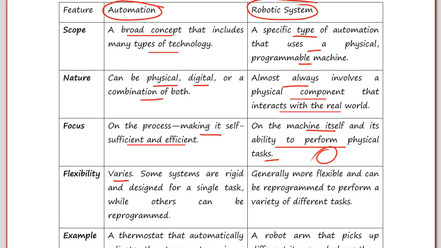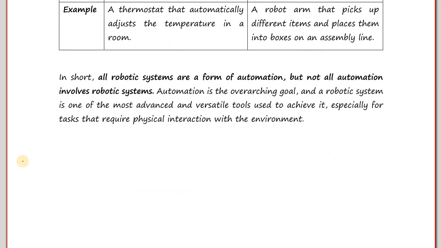Now, the flexibility of automation varies. You see, some systems are rigid and are designed for a single task, while others can be reprogrammed. On the other hand, the robotic system is generally more flexible and can be reprogrammed to perform a variety of different tasks. So, let us look at an example. A thermostat that automatically adjusts the temperature in a room is an example of an automated machine, whereas a robot arm that picks up different items and places them into boxes in an assembly line is an example of a robotic system.